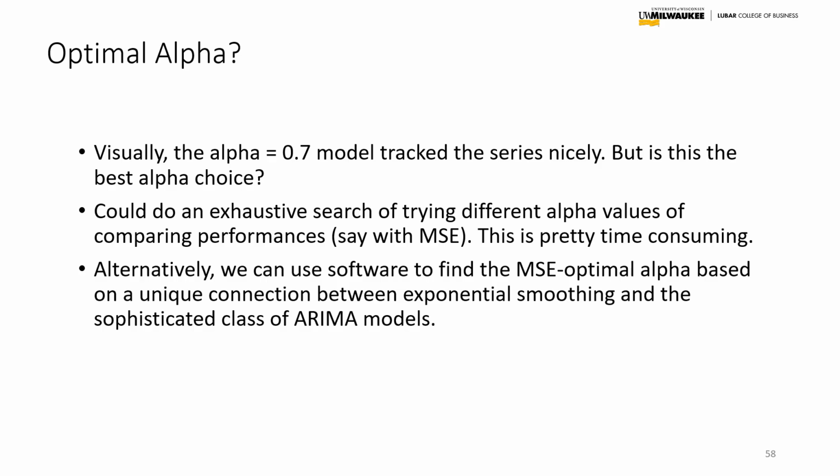ARIMA stands for Autoregressive Integrated Moving Average. And with that connection, we can find exactly the alpha that gives the lowest MSE. Thus, we'll call it the MSE optimal alpha. Many software can do this. JMP in particular can do it. Excel unfortunately cannot find that alpha.